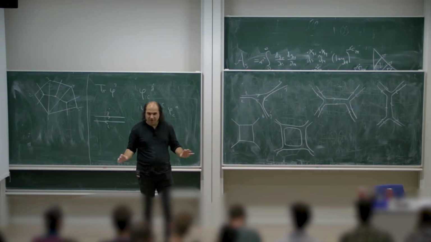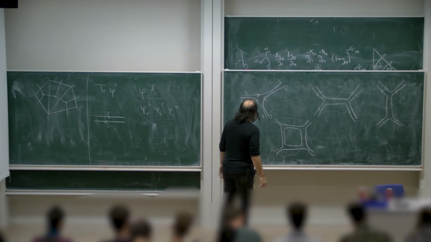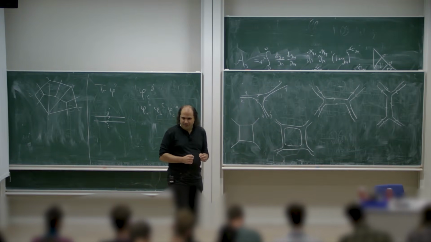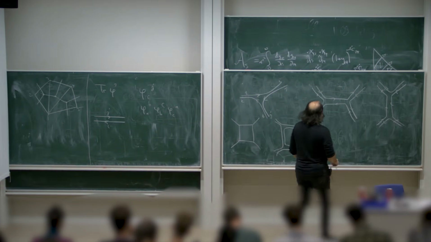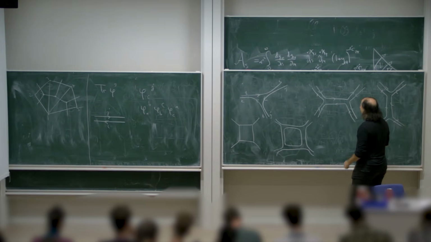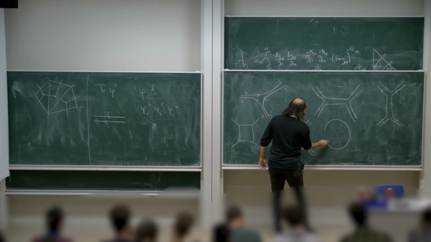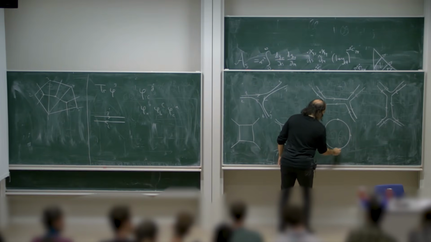That's one picture, drawn on a plane. The other one is that we can think of every one of these diagrams as actually defining a surface. They're 2 slightly different ideas. So for example, this diagram is going to define a surface which is a disk with 4 marked points. 1, 2, 3, 4.